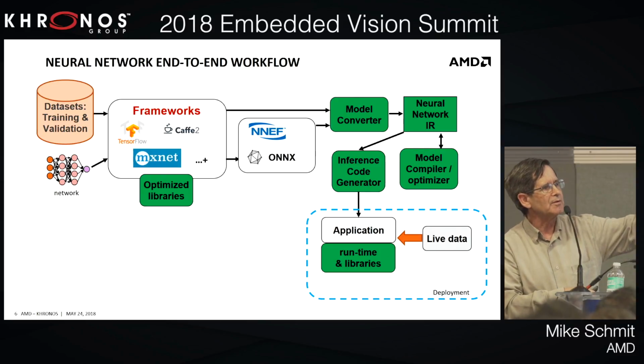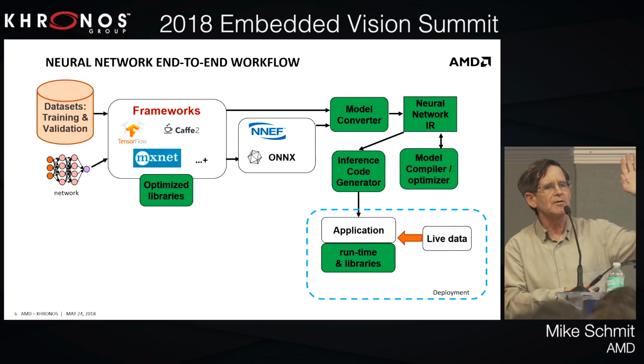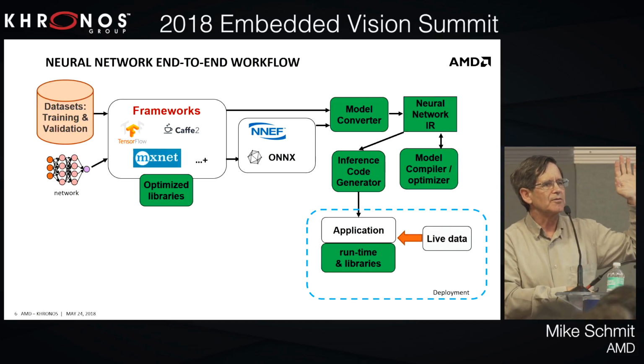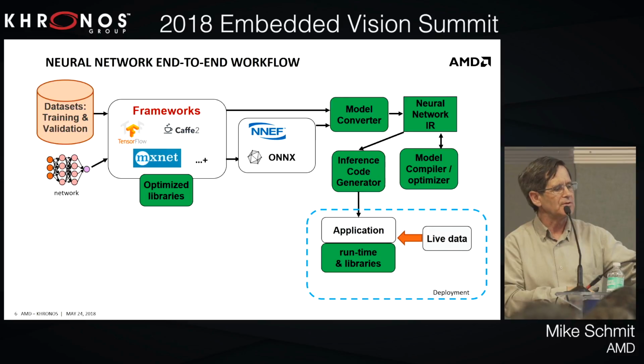So we've implemented an interchange with NNEF as well as ONNX. And then those components over on the right are essentially our inference compiler, the model compiler. It's actually taking the intermediate formats that we accept and generating code that's OpenVX that allows us to then run on the actual deployed hardware.